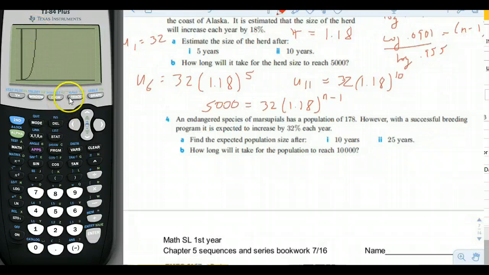So then we could find that intersection, and that'll tell us what n should equal. So we'll do second calc, intersect, first curve, second curve. It doesn't matter where we guess because they only intersect once. And there's the intersection, so it's at 31.5.